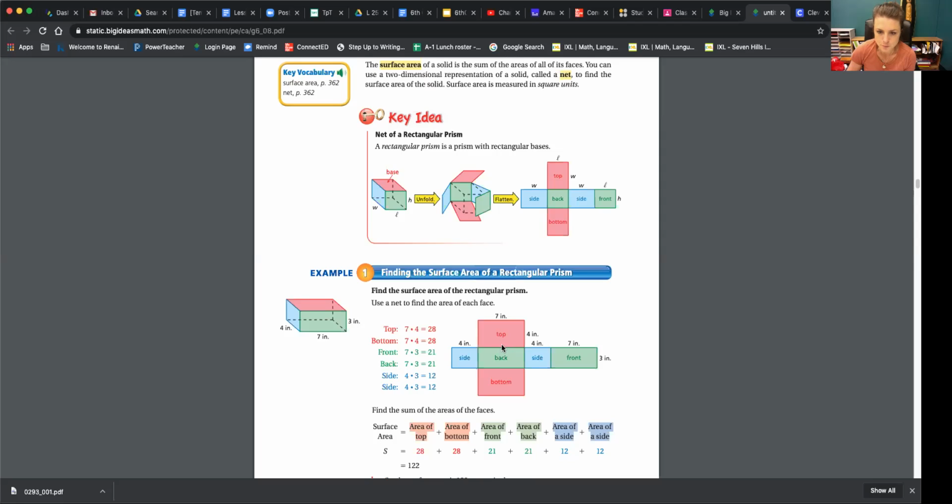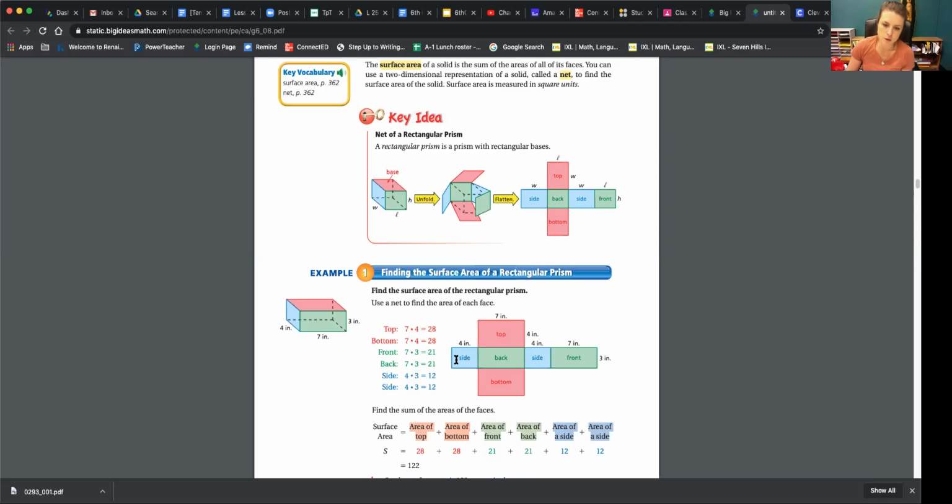And then 7 times what? Well, 7 times whatever this is. And if I go all the way down here, I see that it's 3. So 7 times 3 is 21. So this green rectangle is 21 and this green is 21 as well. So now I have 2 21s.